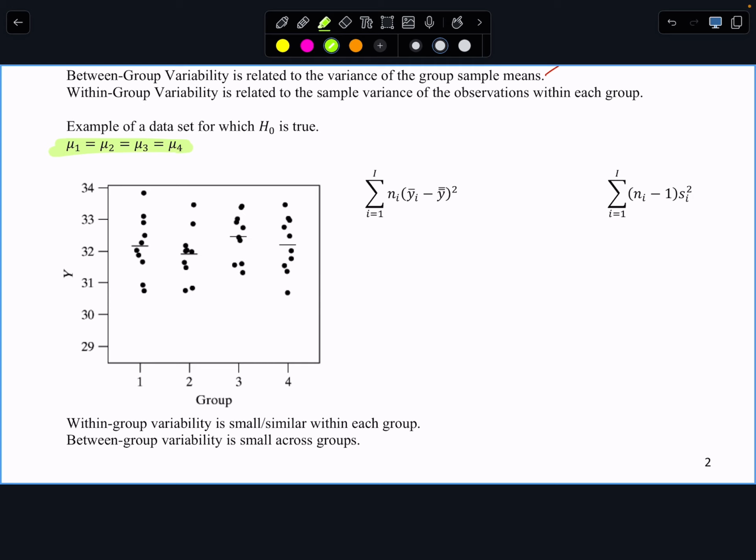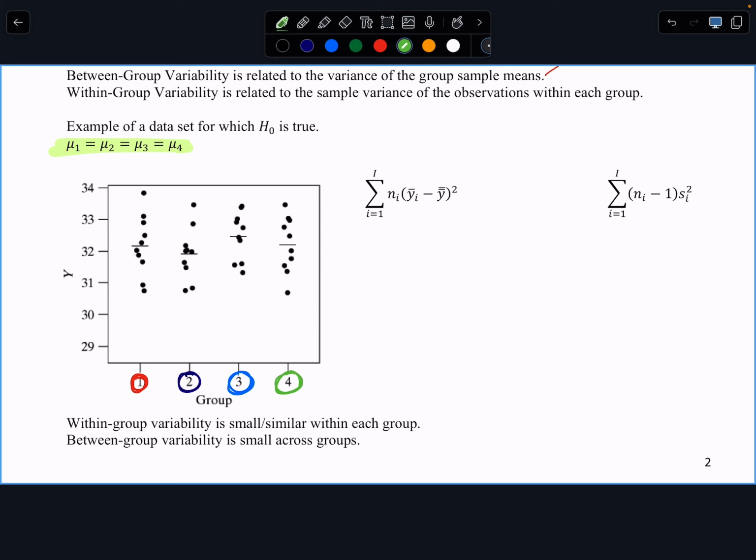The sample data collected for group 1 is given here, group 2 is given by the second dot plot, group 3 is here, and group 4 is here.